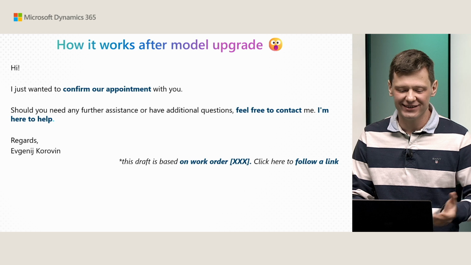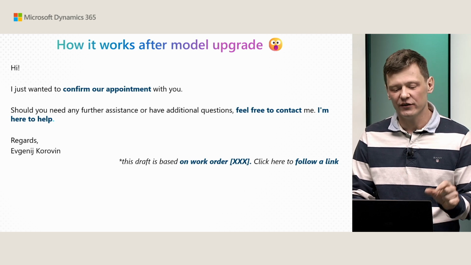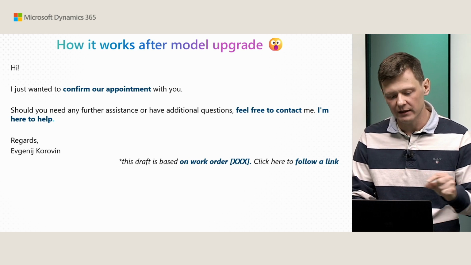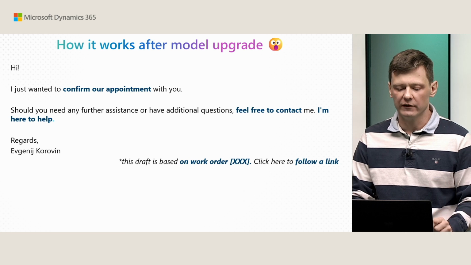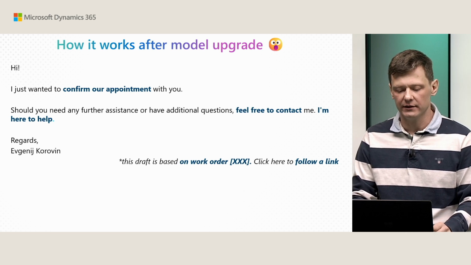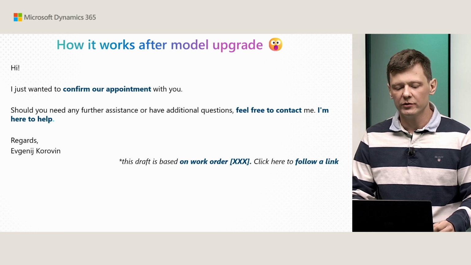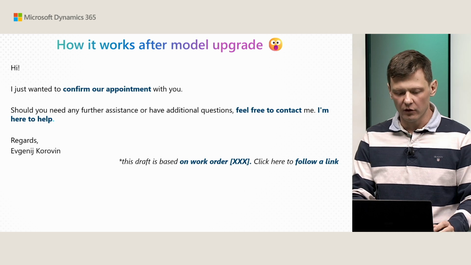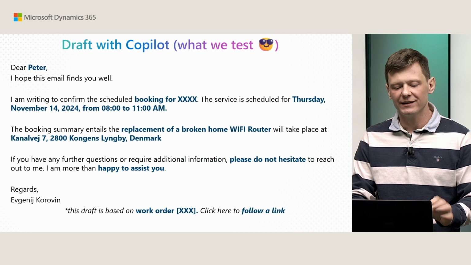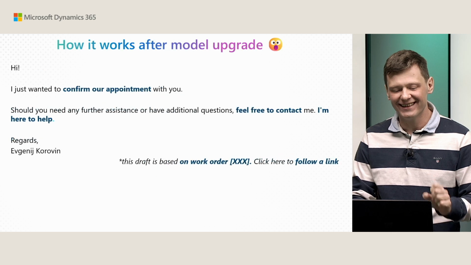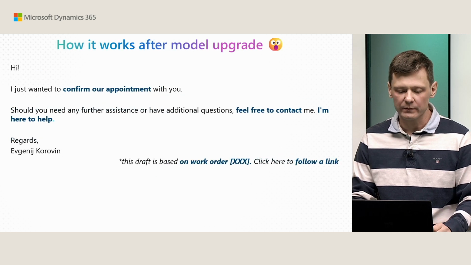I'm here to help. Regards, Evgeny Korovin. And of course, you still have this link at the bottom of the email, which you can press and validate that, yes, it's a booking for you, and confirm it, and so forth. So now I want you to pause and think: how come from a response like that to a response like that overnight?